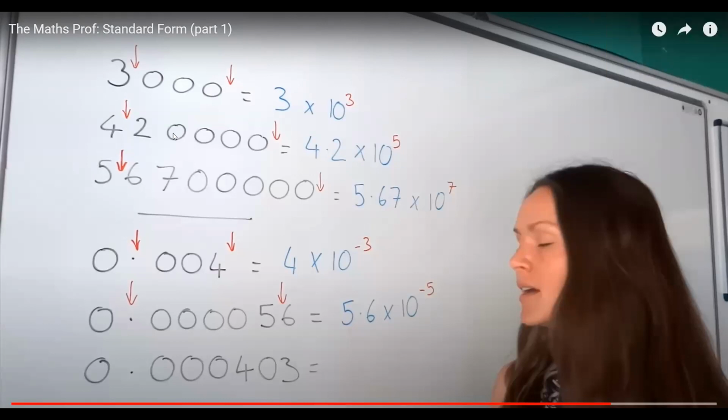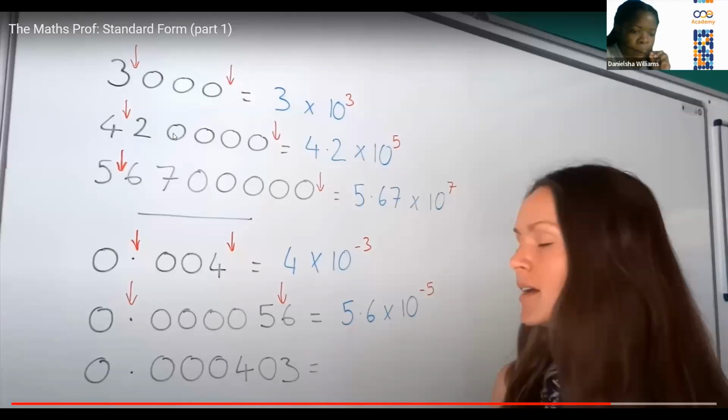Say again? 4.03 times 10 to the negative third power. Are you sure it's negative third? Yes, miss. Have a look at it again and tell me. Negative 4, miss. Ah, thank you very much. Nathan, do you agree? Check it for yourself, Nathan, and tell me.